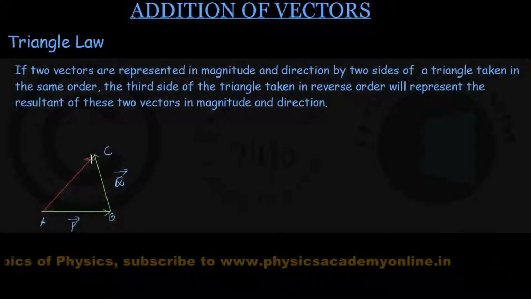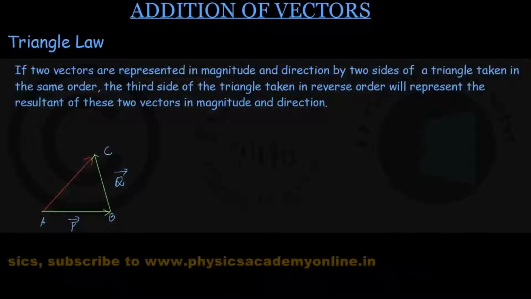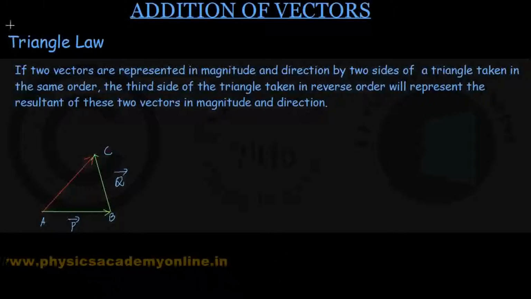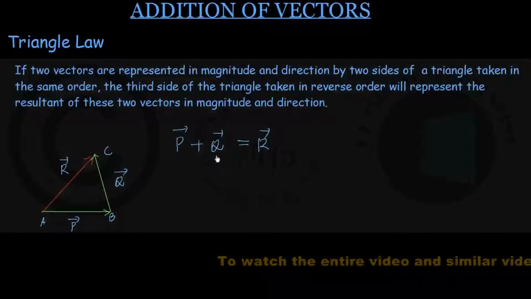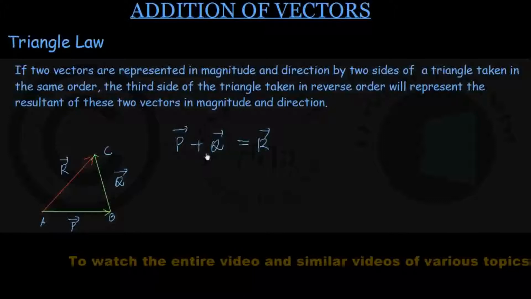Now this is represented by this red arrow, that is AC, and I shall call this vector AC the vector R. So vectorially it means that the vector P, when added to the vector Q by vector algebra, gives me a resultant vector. This is R. So you see the language also. P and Q are the combining vectors and R is called the resultant vector of the two combining vectors.